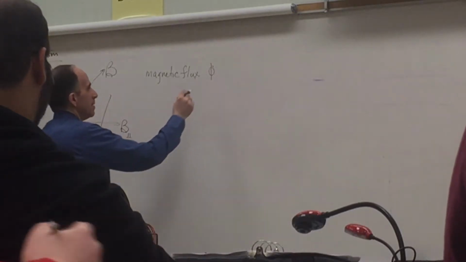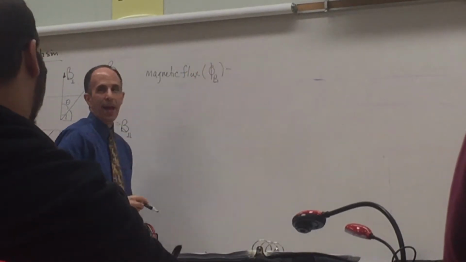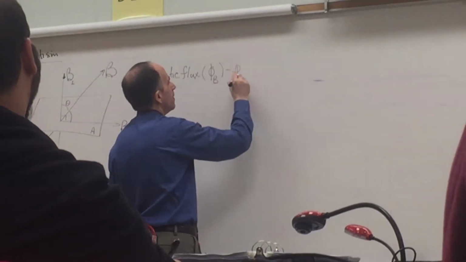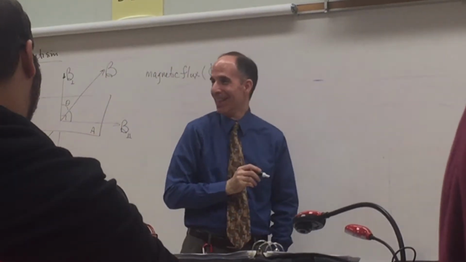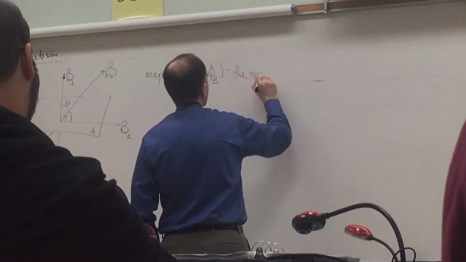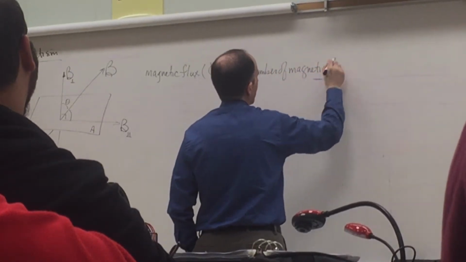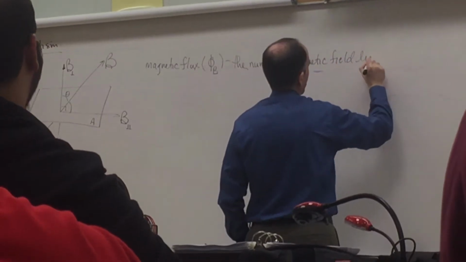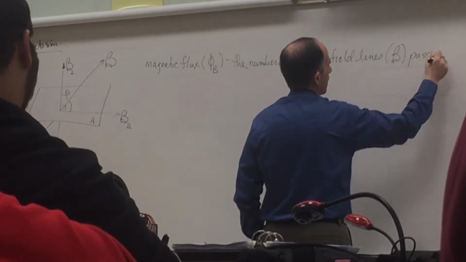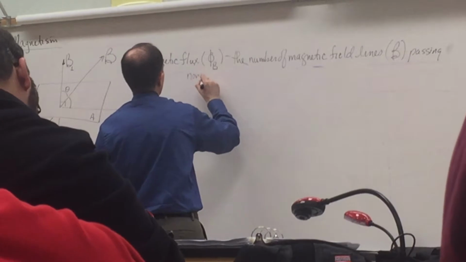I'm going to use B. And magnetic flux, by definition, is the number of magnetic field lines, which is B, passing normally through a surface area.